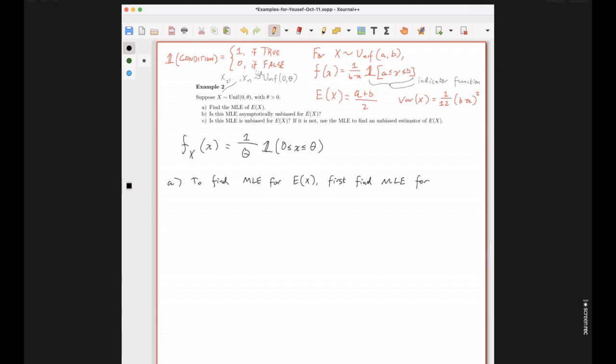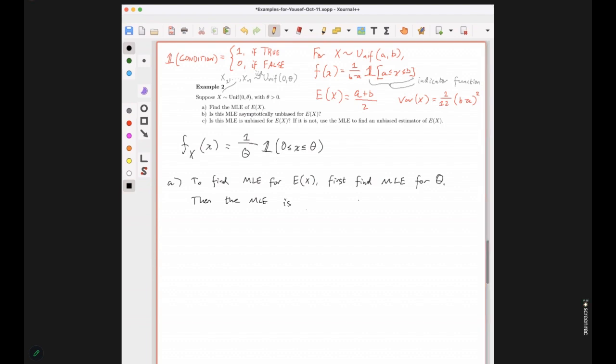Theta, exactly. And this is because if let's say that theta hat is the MLE for theta, then how do I write the MLE for expectation of x, which I'll label that mu hat?